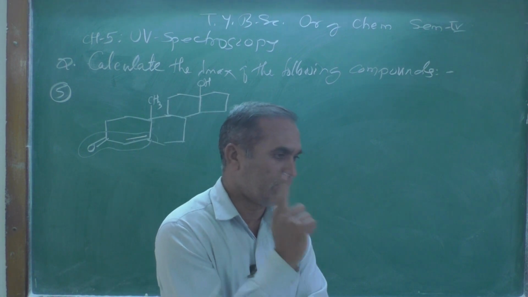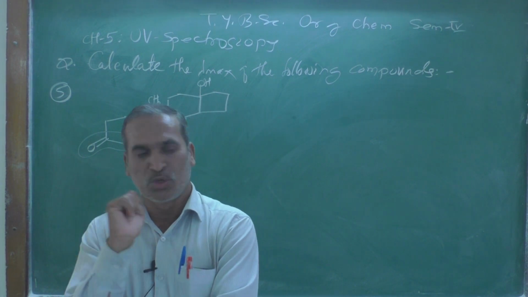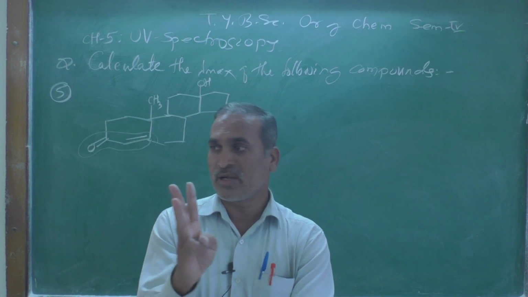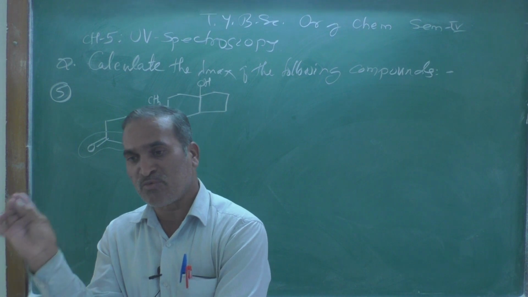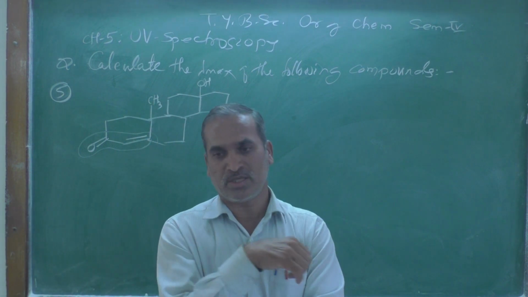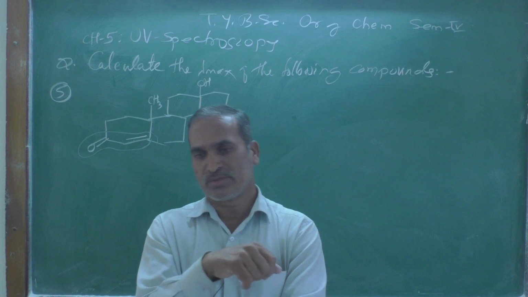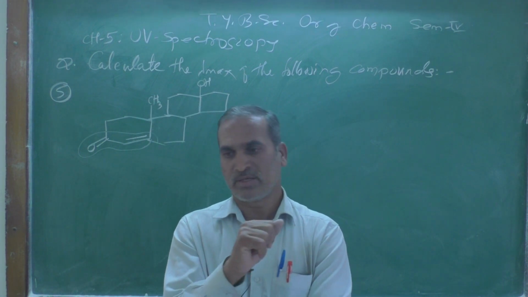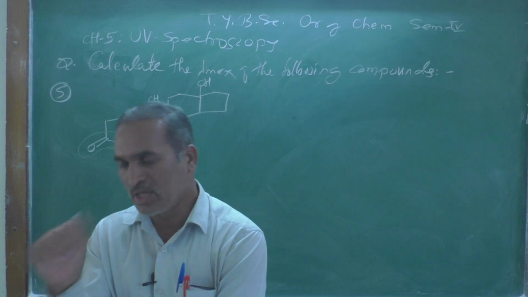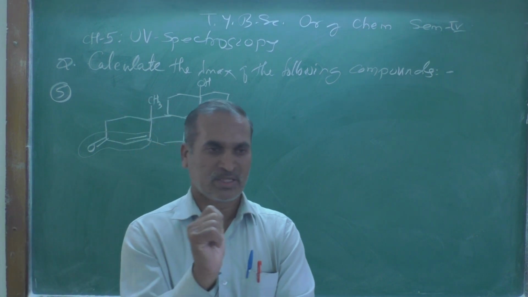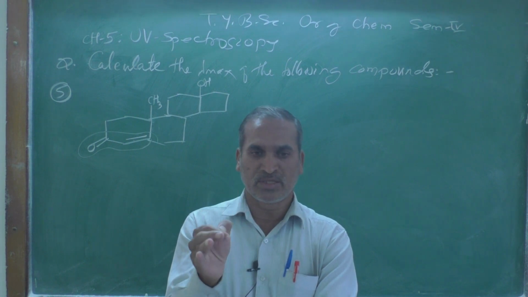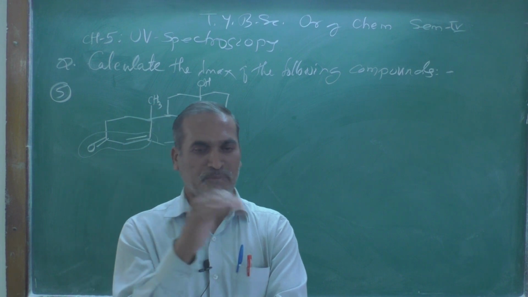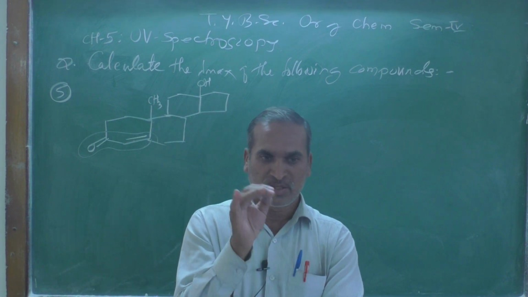Once it is an enone system, now focus on the carbonyl group, because in an enone system there are 3 different base values. Suppose the carbonyl group is attached to a 6-membered ring, or an alkyl group if it is an open chain, then we must consider the base value 215 nanometer.